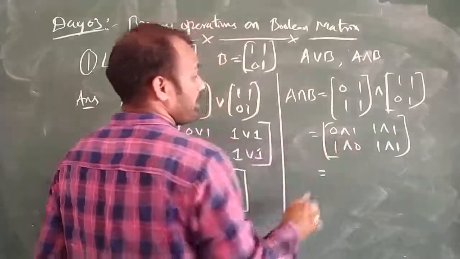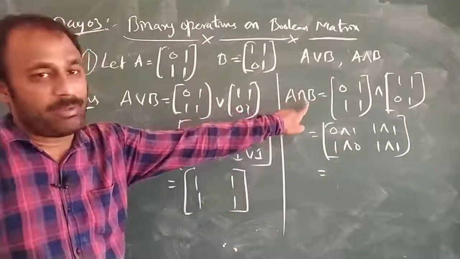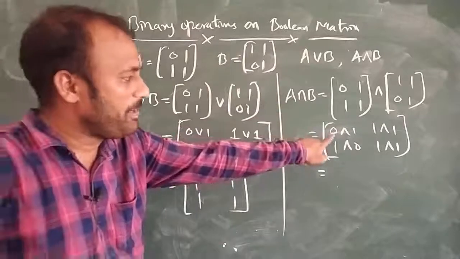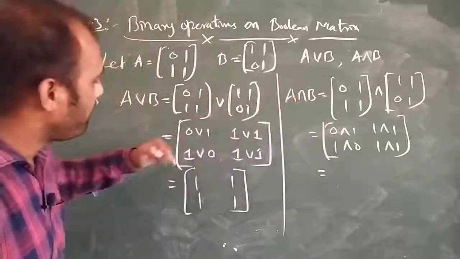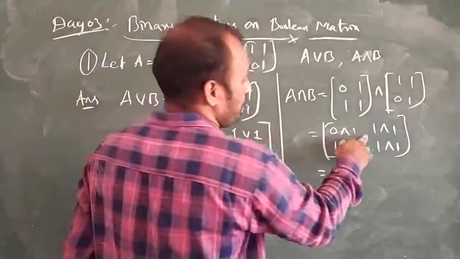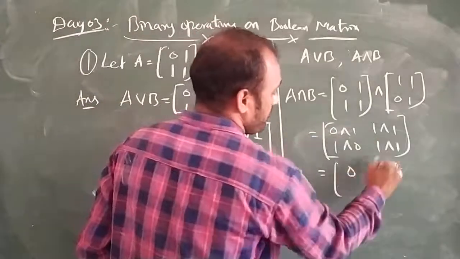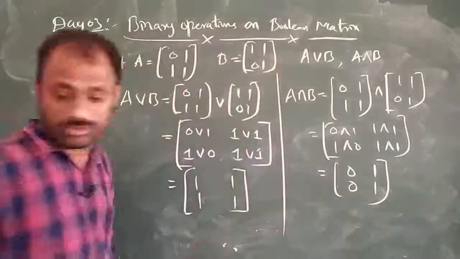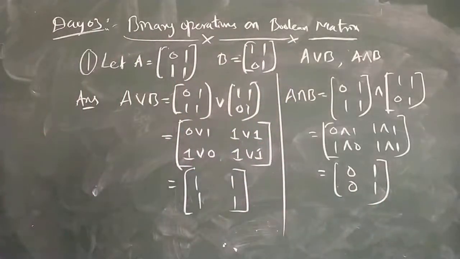Already I said that whenever we apply the meet operation, we need to take only the minimum value. Meet means minimum, join means maximum. So 0 meet 1, what is the minimum value? 0, here 1, here 0, here 1. So this is the way of applying join and meet. Okay.